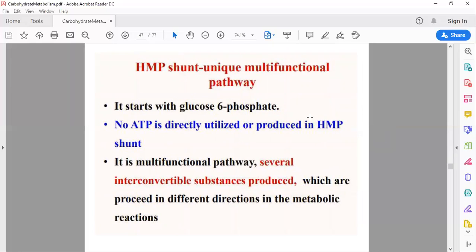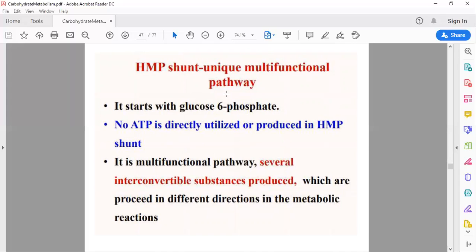So it is a unique multifunctional pathway because no ATP is directly utilized or produced in HMP shunt, but several other interconvertible substances are produced, which then proceed in different metabolic reactions.